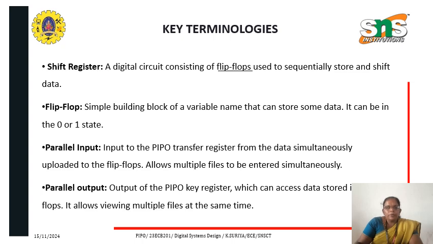Input to the PIPO register: the data is simultaneously uploaded to the flip-flops, allowing multiple bits to be entered simultaneously. Output of the parallel in parallel out shift register allows access to data stored in the flip-flops. It allows viewing multiple bits at the same time.